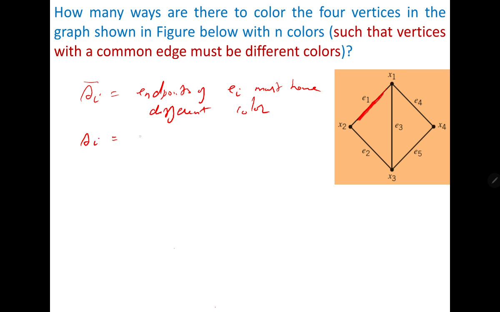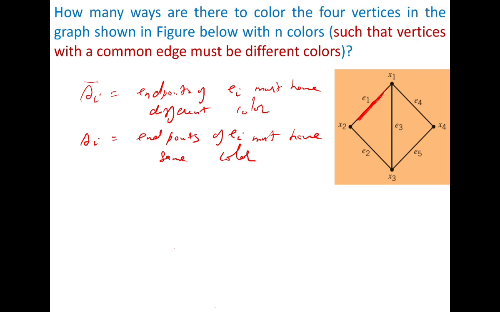It means my AI must be that the endpoints of edge EI have the same color. Yes, this is very important. If this is done, then the further calculations are not very difficult.